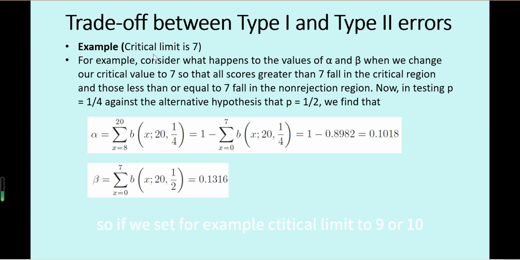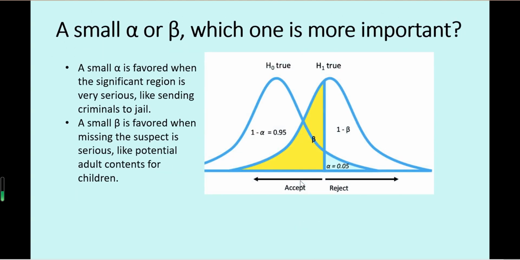This is a clear trade-off. If we set, for example, the critical limit to 9 or 10, of course you can get a smaller alpha than 0.04, maybe 0.02. But you can get an even larger beta than 0.25, right? So the question is, both alpha and beta cannot be omitted, and they have a trade-off.